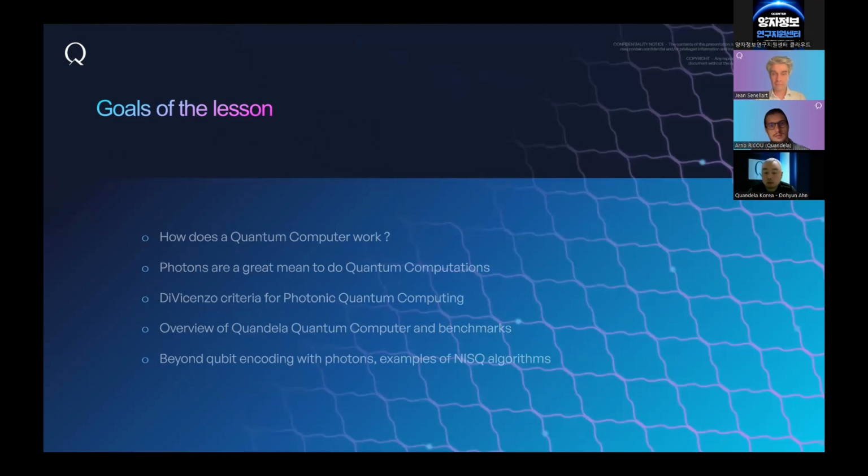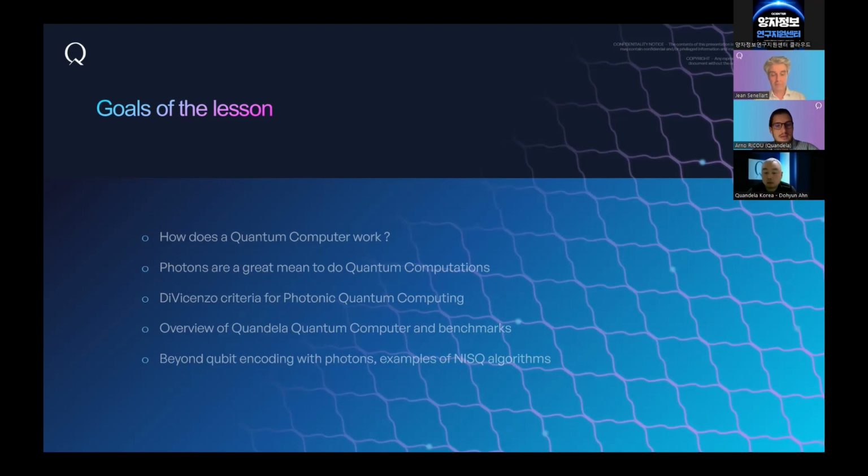We will explain how a quantum computer works. Then we'll give some arguments in order to explain why photons are a great means to do quantum computations and how they fulfill the DiVincenzo criteria.